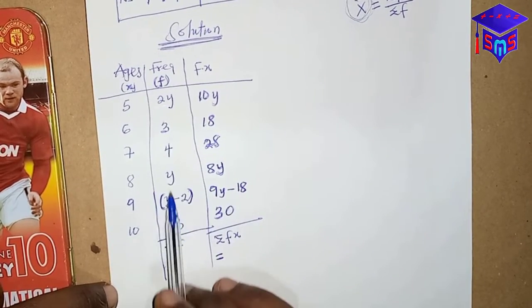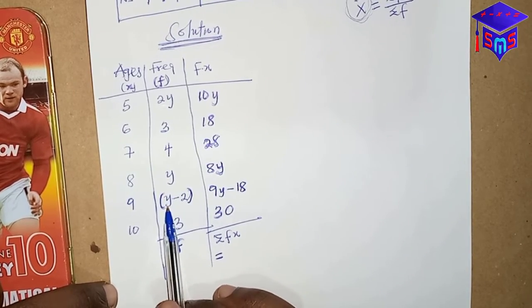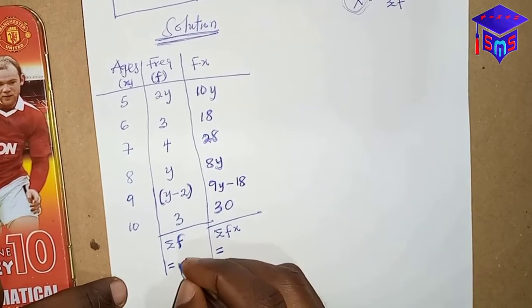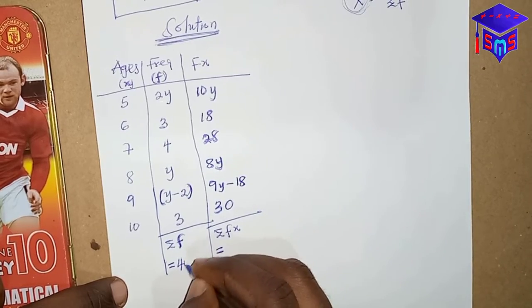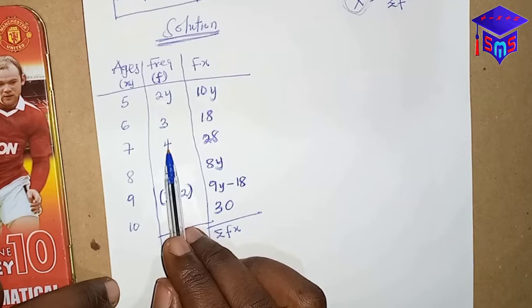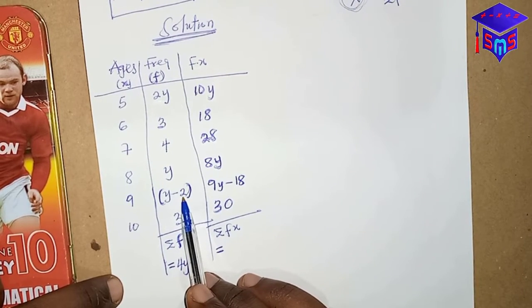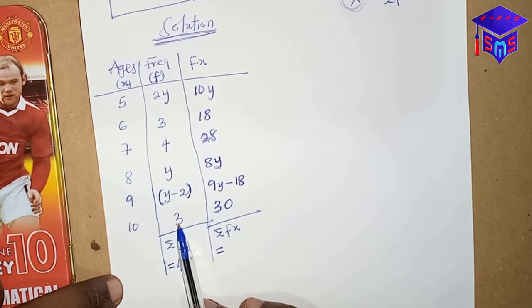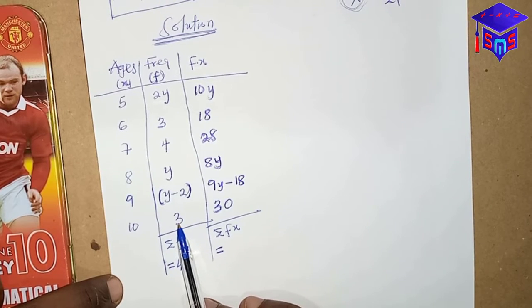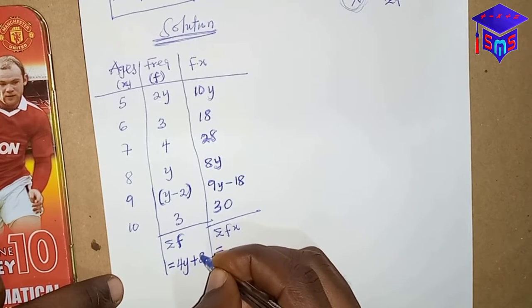So I have 2y here, plus y will give us 3y, plus this y should give us 4y. Then 3 plus 4 should give us 7, minus 2 will give us 5, plus 3 should give us 8.